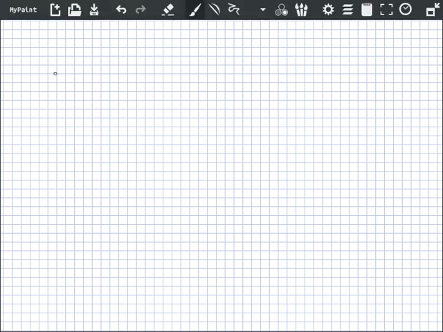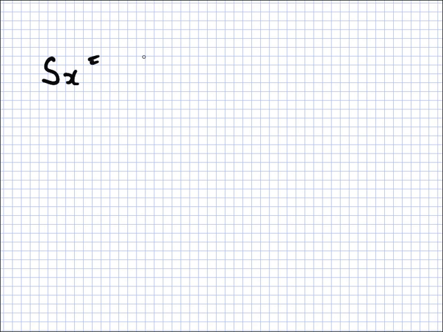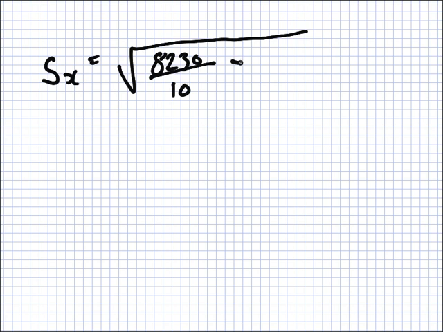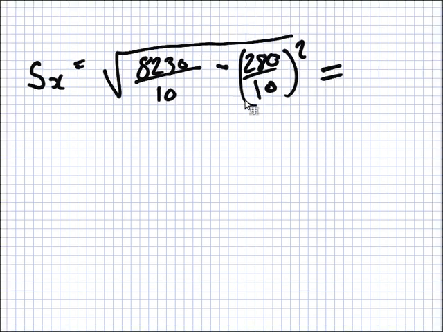Let's have a look. So the first one is sx. And what was that? That was square root, wasn't it? Oh my goodness, sorry. That was square root of the sum of x squared, which according to the data is 8230 over 10, minus the average of x, which is 280 over 10, squared. So that will have a value.